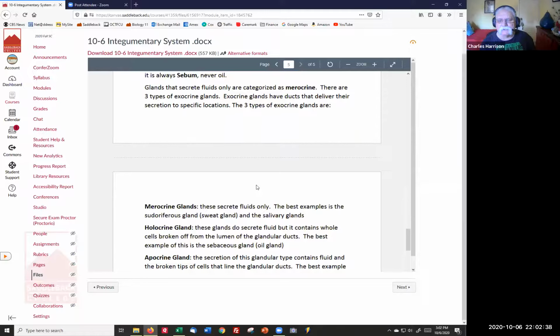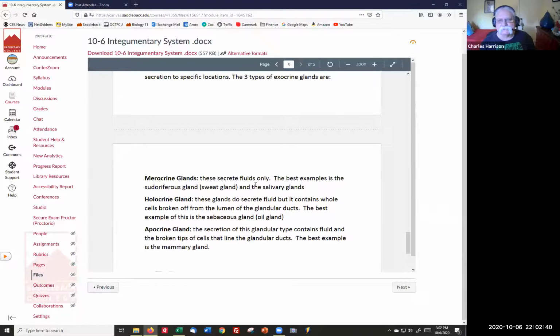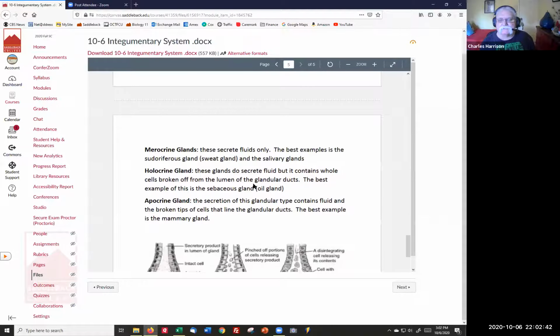There are 3 types of exocrine glands. Endocrine glands secrete hormones. Exocrine glands secrete other things. Could be water, could be enzymes. Here are the 3 types of exocrine glands. Exocrine glands have ducts.